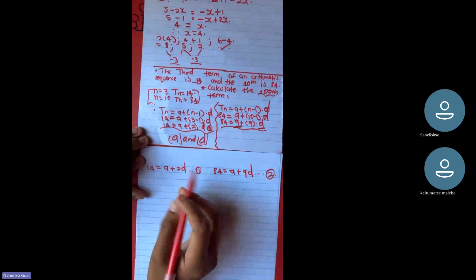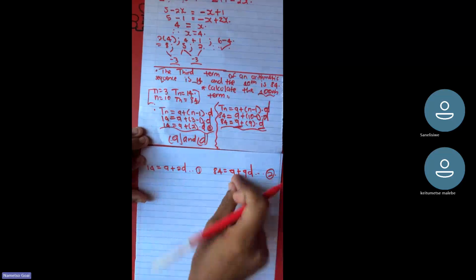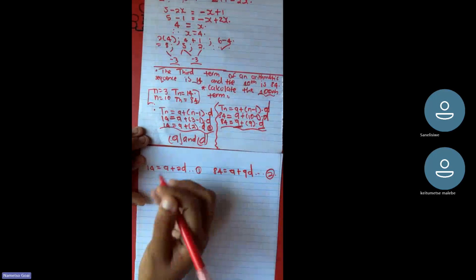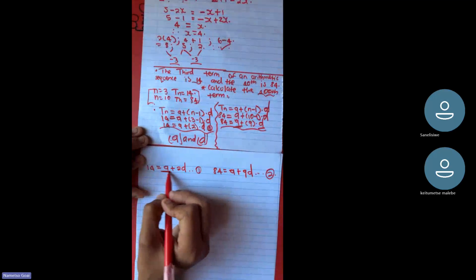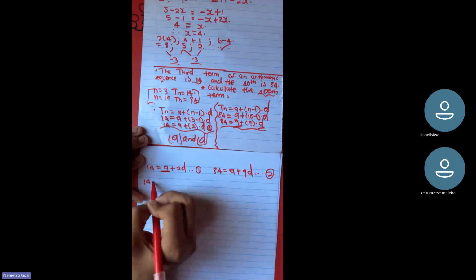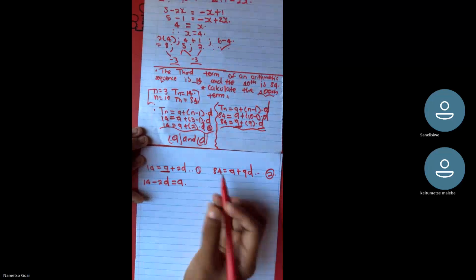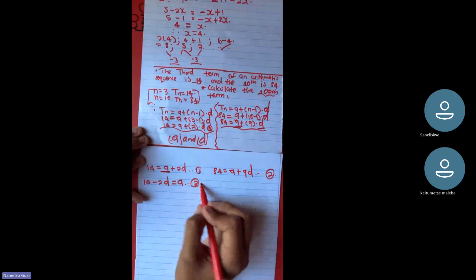What you can do is, from these two, make A or d the subject of the formula, then substitute it into the other formula and get what it would be. Let's do it over here. Because we're trying to make A the subject of the formula, we're going to say 14 minus 2d equals A. This would then be your third equation.